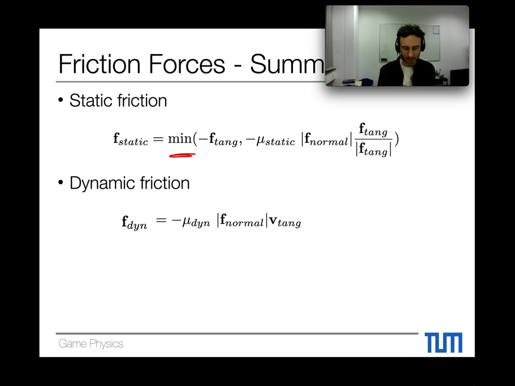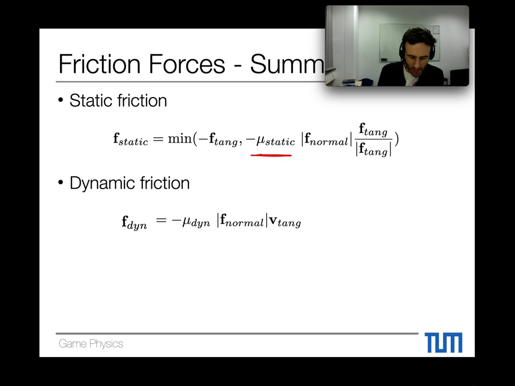We basically have this minimum, meaning the static force that we really get is limited by a certain factor, and this is now related to the previous equation that I showed you.